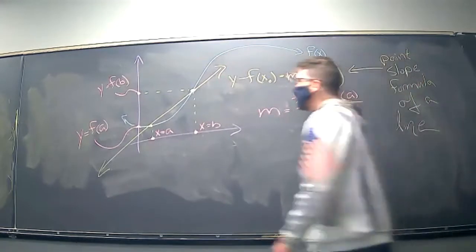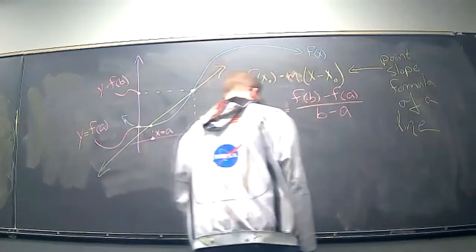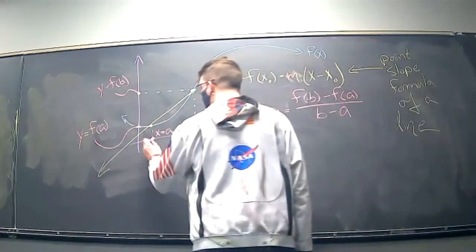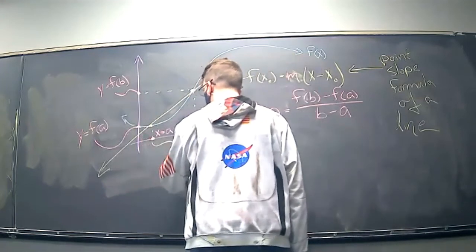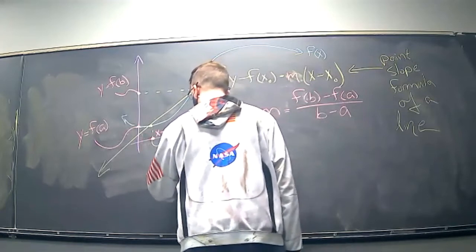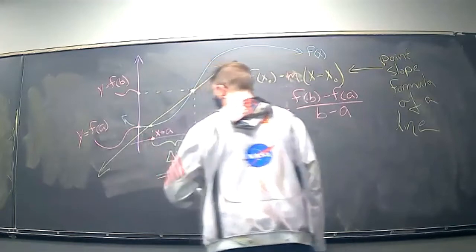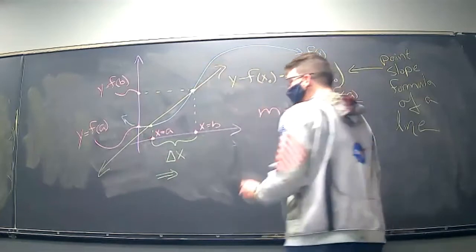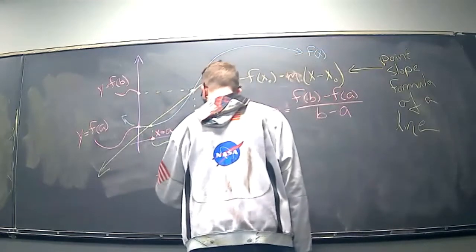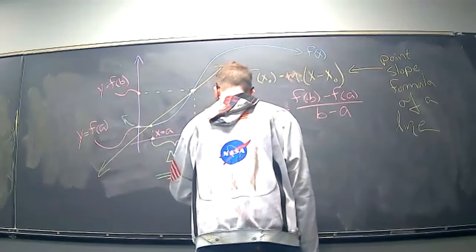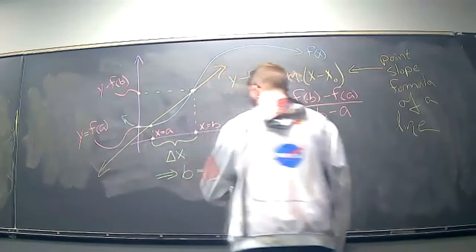Well, we can call this distance delta x. And if that's the case, then b is going to be equal to a plus delta x.